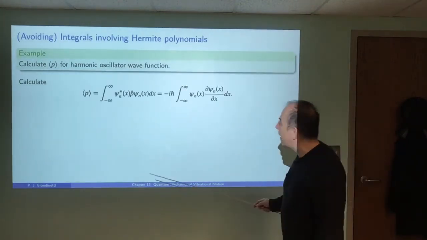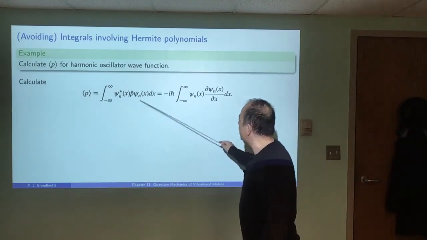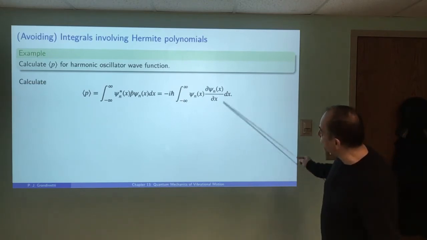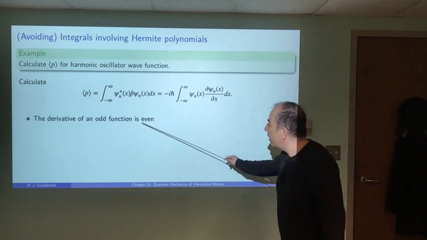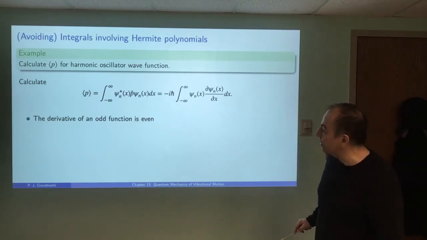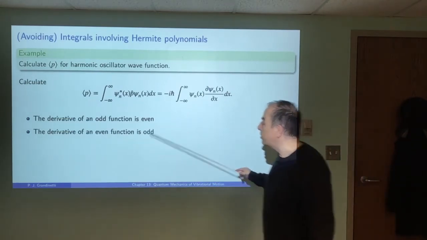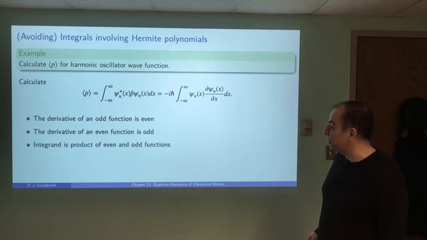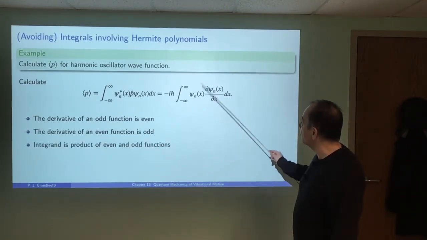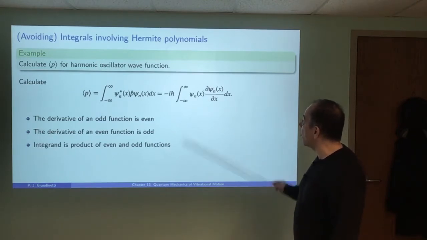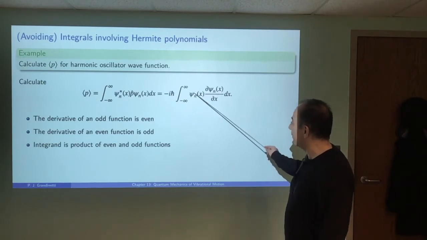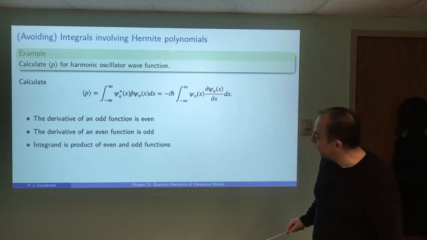If I take the momentum operator, I create the sandwich here, I put in the form for the differential of the wave function, and what we know is that if you take the derivative of an odd function, you get back an even function. If you take the derivative of an even function, you get back an odd function. So here we have an integrand which is the product of an even and an odd function, because if this was even, then that's odd, and if that was odd, then this is even, right?